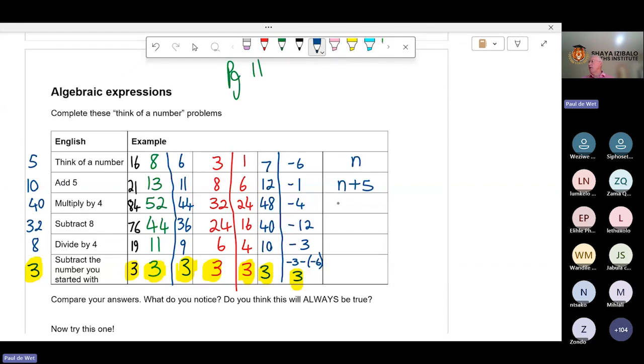Someone's saying n times 4. Someone's saying n times 4 plus 5. We must multiply both pieces by 4. Well done, Nomfundo. 4n, that's that piece multiplied by 4. But we must also multiply this piece by 4.